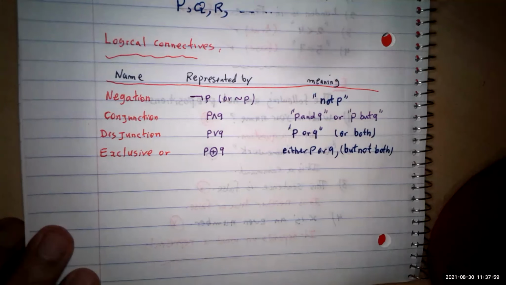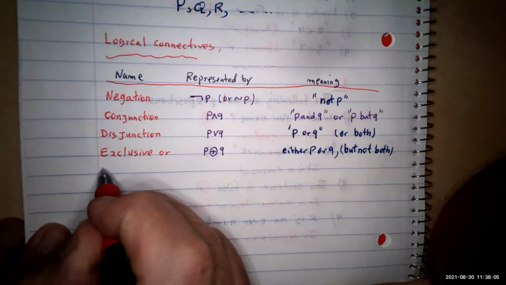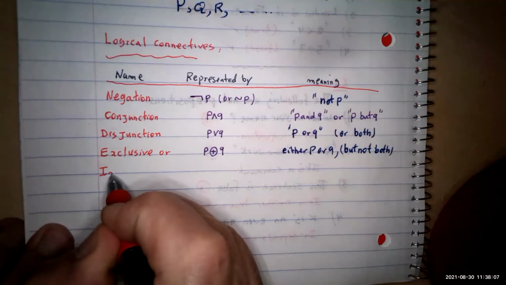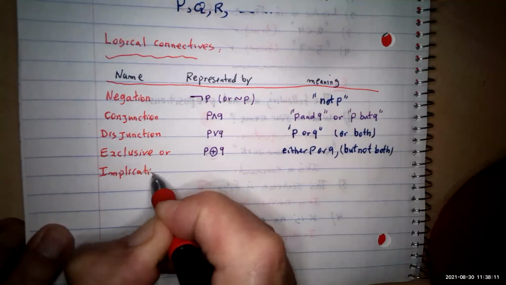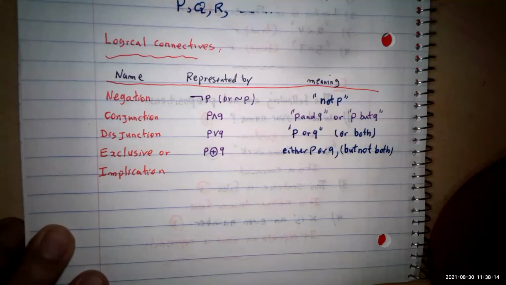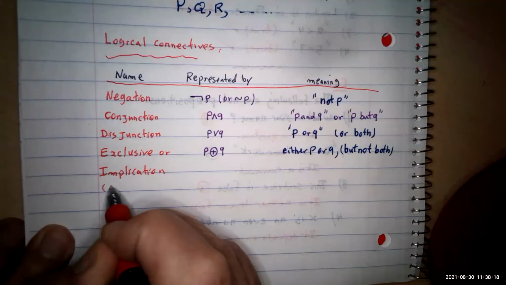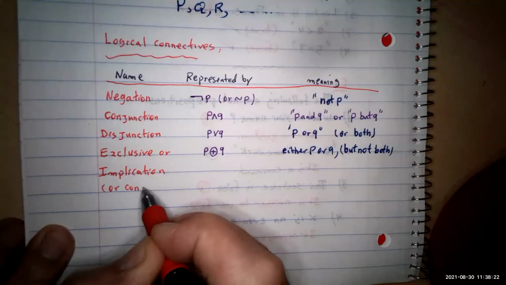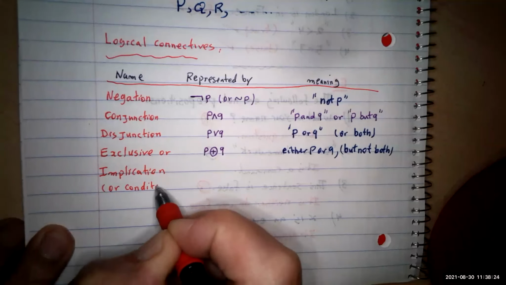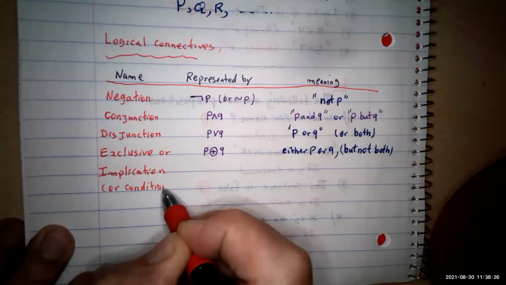The next one is quite interesting for all the theorems that we're going to use. It is called implication. Another name for it is conditional, or conditional statement.